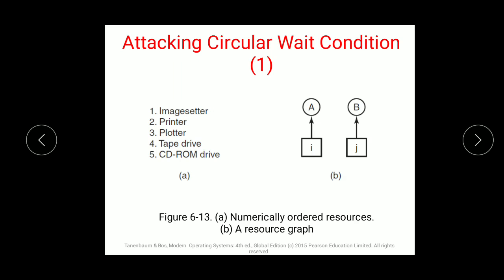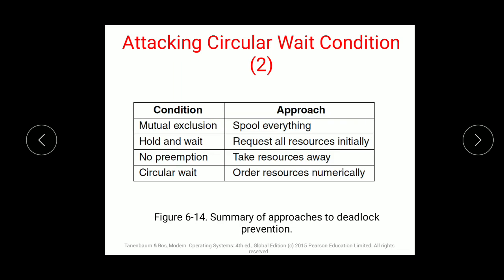Attacking the circular wait condition, what we can do is use numerically ordered resources, a resource graph. In the circular wait condition, we try to give it an extra resource so that it gets out of the circular wait, and the dependencies of the circular wait are removed. Next, what approaches can we take for prevention? If mutual exclusion is there, spool everything, meaning separate everything.